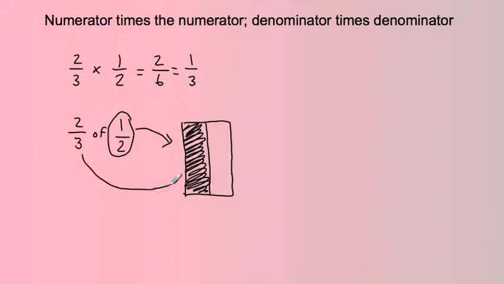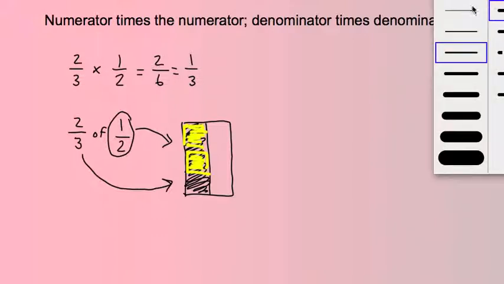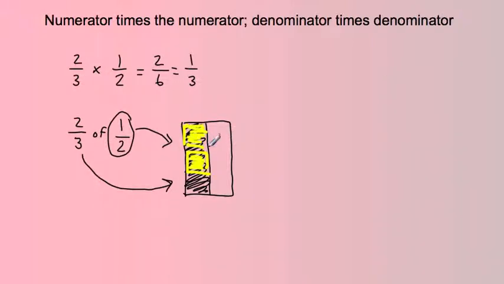Now I need to find 2/3 of that 1/2. And I'm going to do that by getting a different color and drawing a couple lines. All right, so now I've cut that 1/2 into 3 equal parts, and here's 1/3 of that, and here is another third of that. And so that's our answer, 2 out of this whole. Well, what is that whole? It's made up of 1, 2, 3, 4, 5, 6 parts.